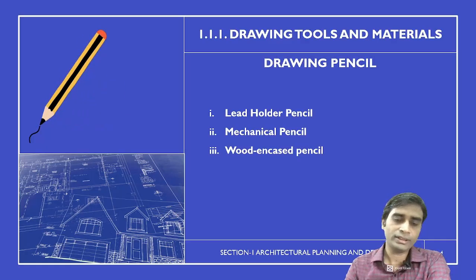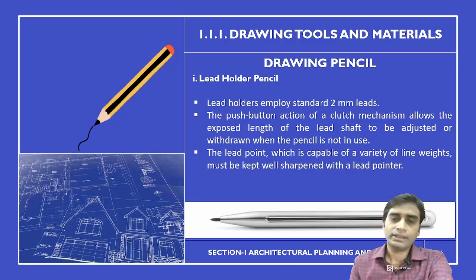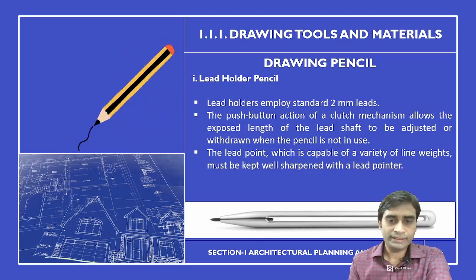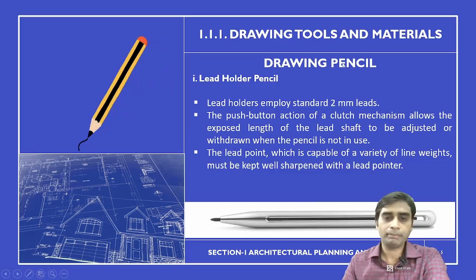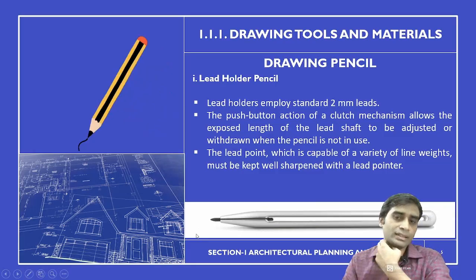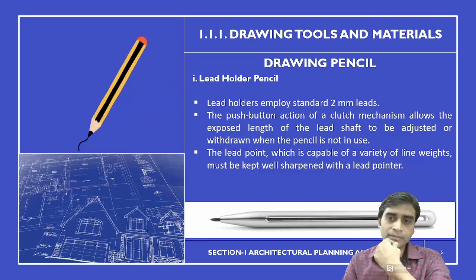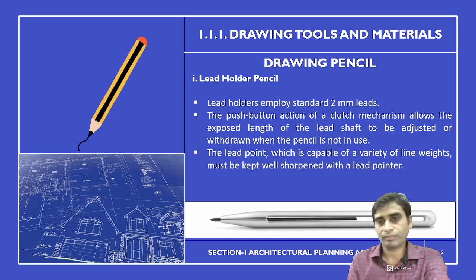You know what a lead holder pencil is? The lead holder pencil employs standard 2 mm leads. Here you can see the lead holder pencil in the picture. The push button action of a clutch mechanism allows the exposed length of the lead shaft to be adjusted or withdrawn when the pencil is not in use.